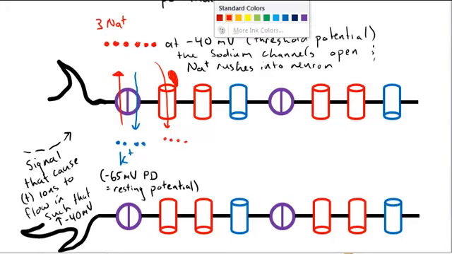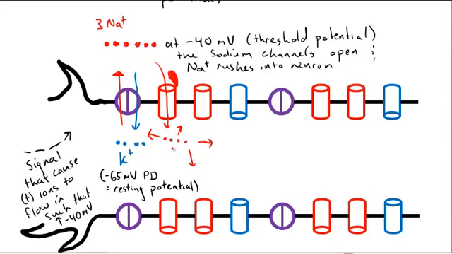The Na+ just naturally, according to the laws of diffusion, start to diffuse in every direction, causing the membrane potential around it to increase to -40, causing the next one to open.